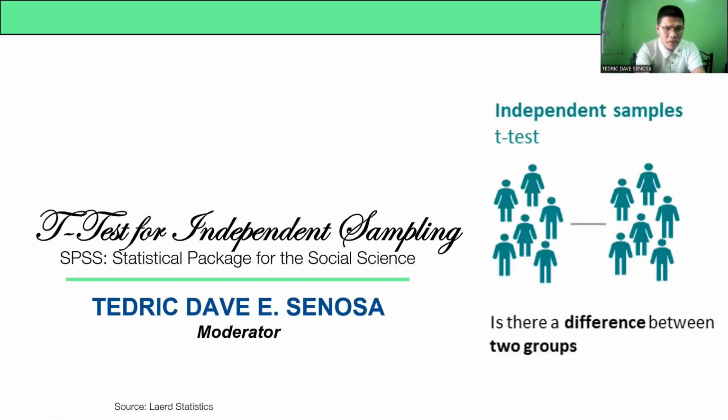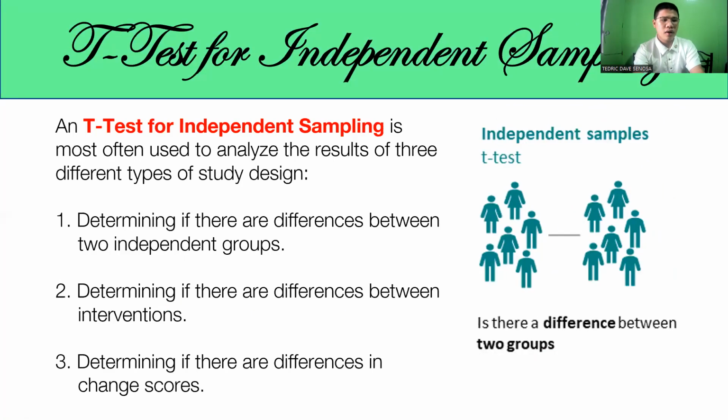So now, before we go to the actual process on how to do t-test, let's define t-test and when do we use this one. So t-test for independent sampling can be used only in 3 study designs. Determine if there are differences between 2 independent groups, determine if there are differences between interventions, or determine if there are differences in change scores.